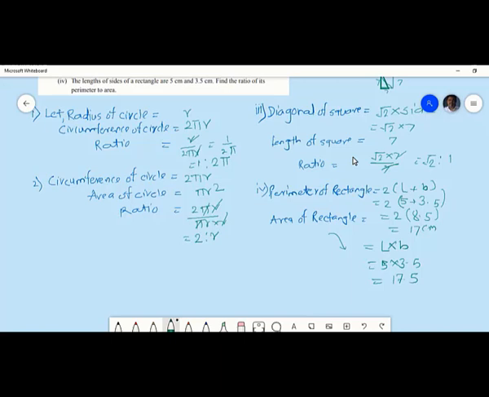So ratio equal to 17 upon 17.5. We multiplied both numerator and denominator by 2. So we get the answer 17 into 2 is 34 and 17.5 into 2 we get 35. So ratio is 34 upon 35.